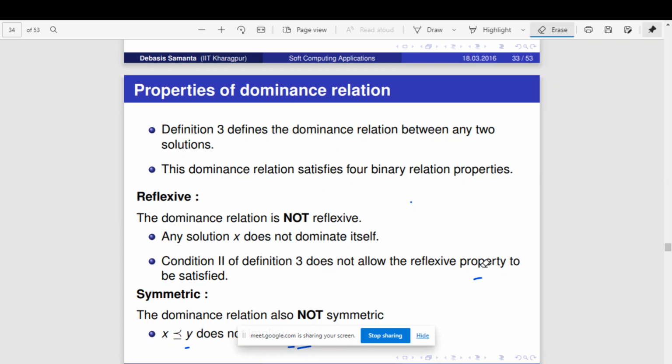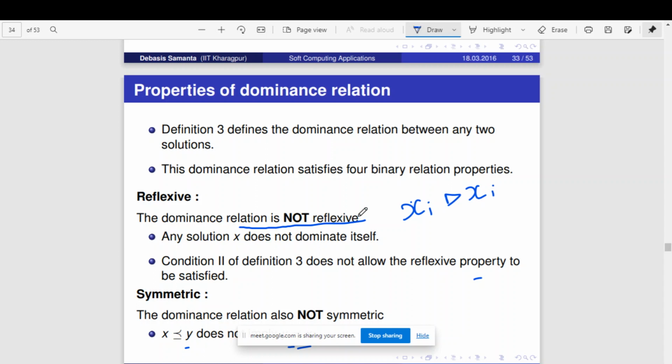That is, when you say that xi is dominating something, it is not applicable to itself. You cannot say that xi is dominating xi itself. As you cannot say this, the dominance relation is not reflexive.